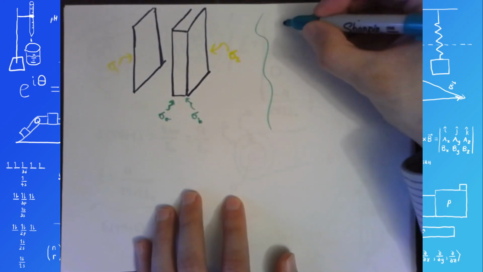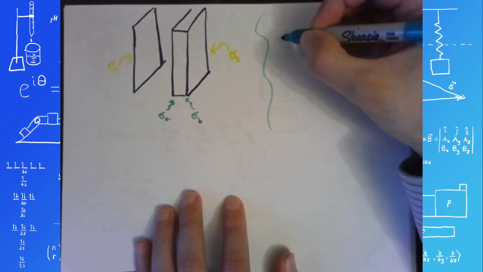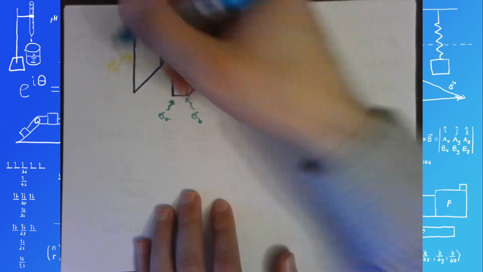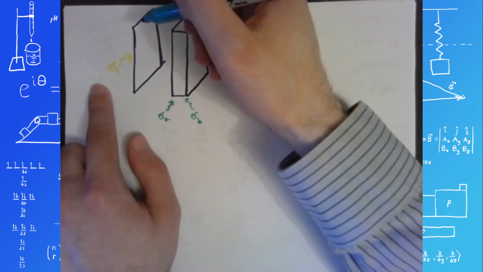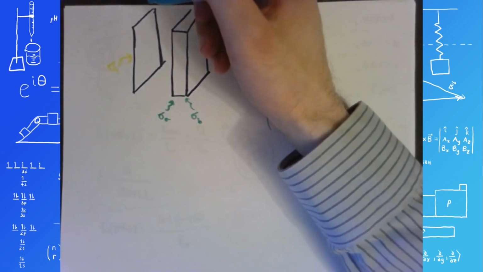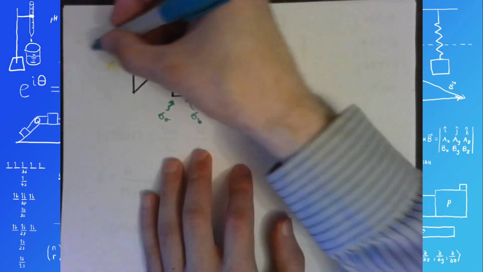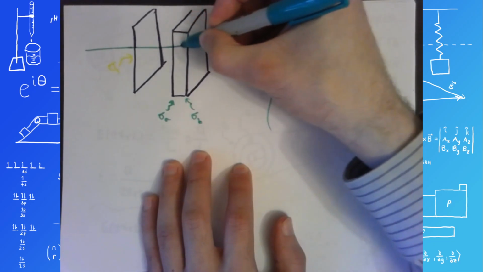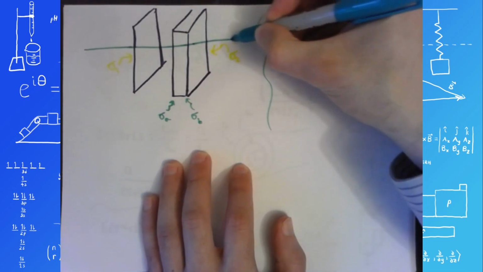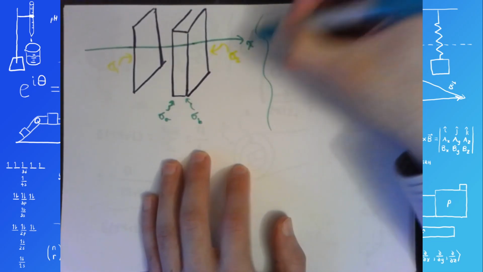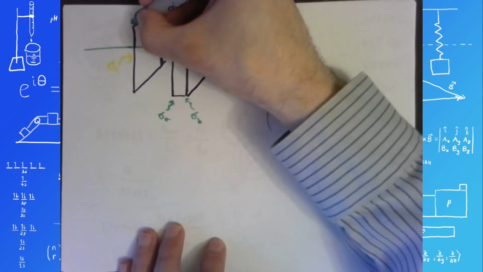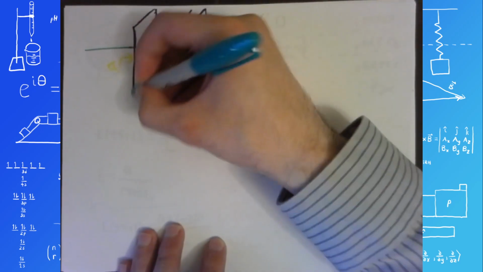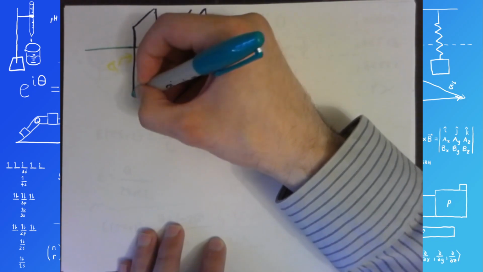So for our electric fields, what are our regions of interest? Our regions of interest are here. I guess what I want to do is also just draw an x-axis. There's an x-axis, and then this is at x equals 0.